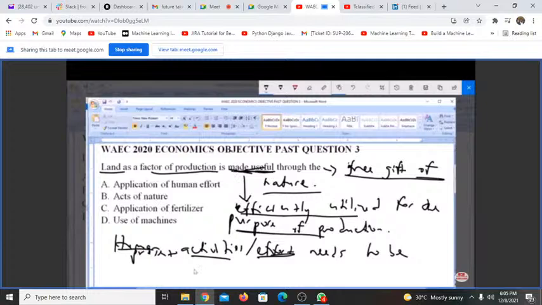So human activity needs to be applied to land for it to be made useful. So option A says application of human effort. So as we have established, this is the correct answer to this question.